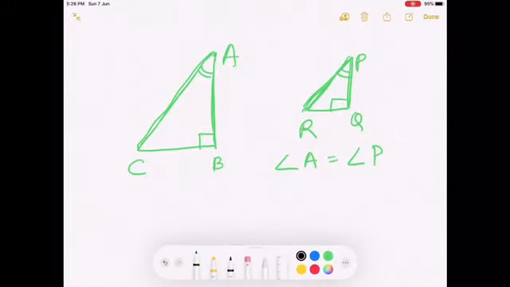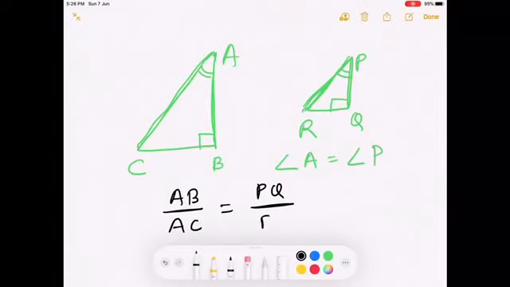For these two triangles, if I write the ratio of AB upon AC, it will be equal to PQ upon PR, and that will also be equal to the ratio of the third sides. I have written here AB upon AC and PQ upon PR. If I write any other ratio of corresponding sides, it will also be equal to that.